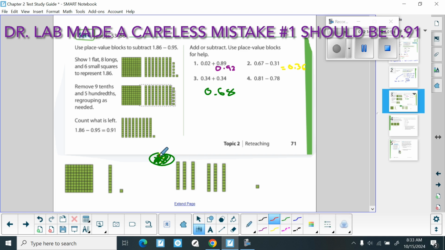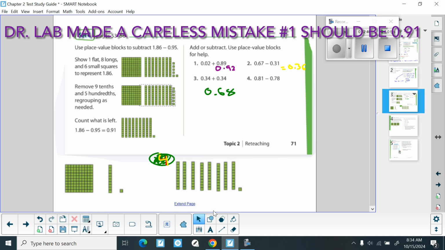That's kind of hard to see. Let's call that number 4. So number 4 is 81 hundredths minus 78 hundredths. So this is 10, 20, 30, 40 hundredths, 50 hundredths, 60 hundredths, 70 hundredths, 80 hundredths, and 1 left over.